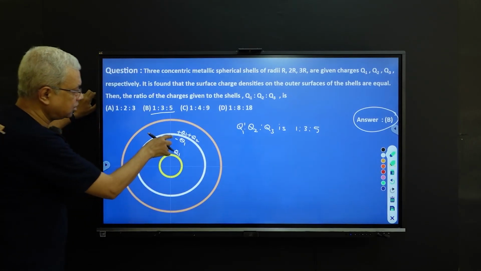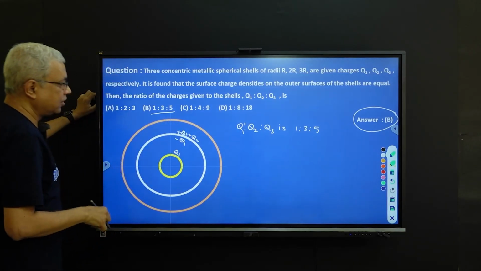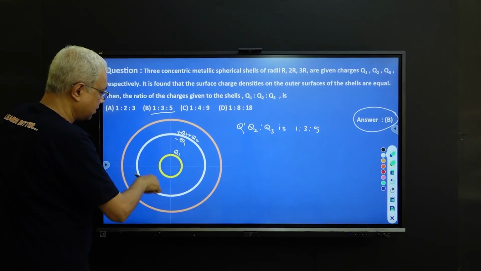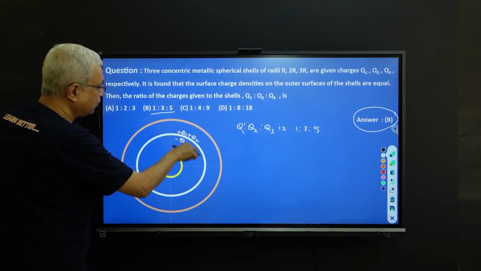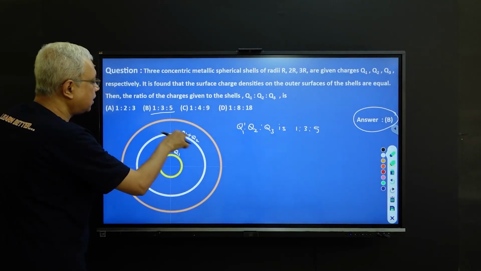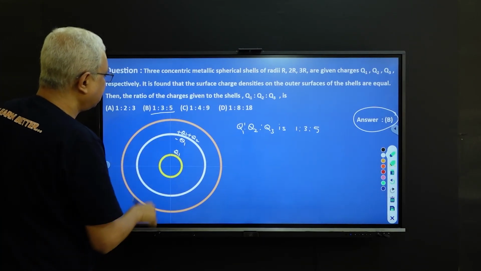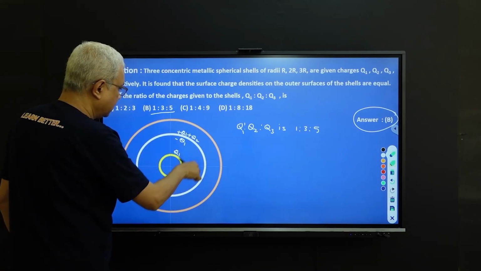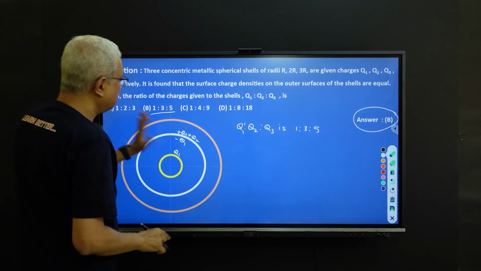So as soon as there is a charge Q1 plus Q2 over there, what happens? Within the metal part of the white spherical cell there will be no field, because if you take any arbitrary Gaussian surface, it encloses zero net charge, and therefore the field inside the white part of the second spherical cell will be zero.